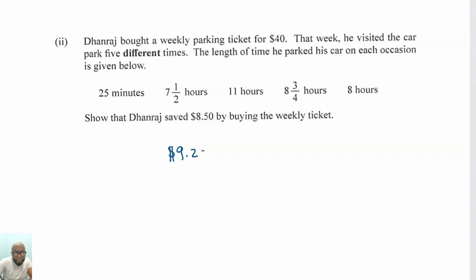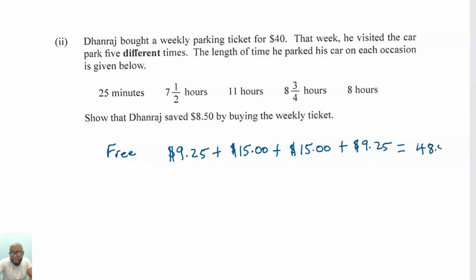Boom. 11 hours would have been how much? 15. 8 hours and 8 3/4 hours would have been 15 also. And up to 8 hours was the 9.25. Right, boom. And we added all these bad boys. So how much would it have cost? Remember this was free, yeah? 48.50.